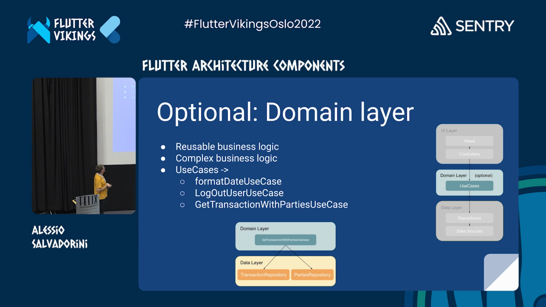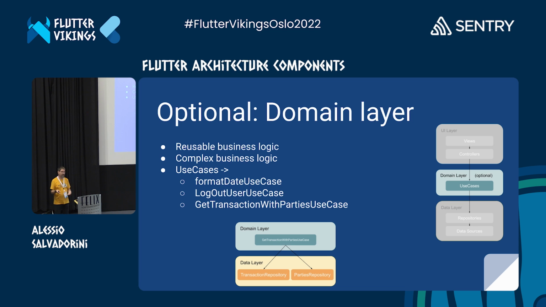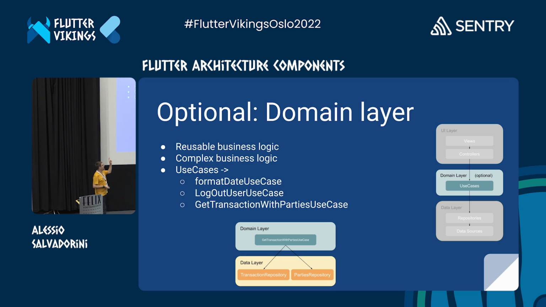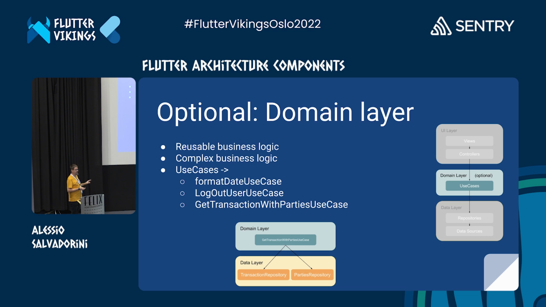Or if you want to do something a little more complex, like if you have a bank transaction and then you have the parties, but your transaction repository doesn't actually list the names of the parties, it just lists the IDs, and you want to map the IDs to names, you would need some classes that can handle both repositories. They are like repository managers. This is very good because when you start using use cases, you extract all these simple functions into one place, and then you can modify them even later on very easily and without extra changes.